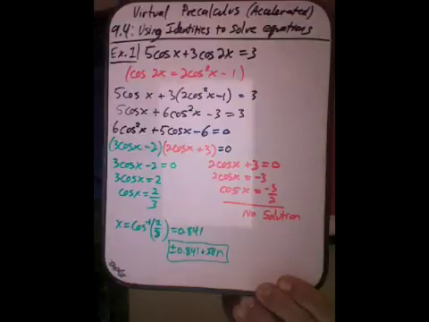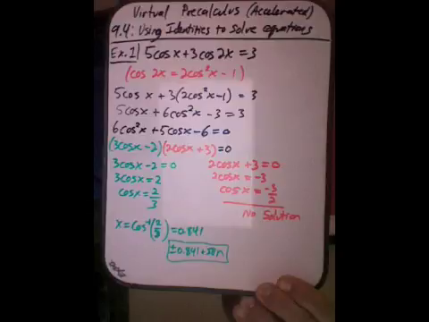So if we use the identity I've bracketed in red here, we can change the cosine 2x into 2 cos squared of x minus 1. And working that out, we end up with a quadratic where the variable in the quadratic is cosine of x. So we no longer have cosine of 2x, we have cosine of x and cosine of x squared. So this quadratic can be factored, as I show here, and each of these factors can be set equal to 0.